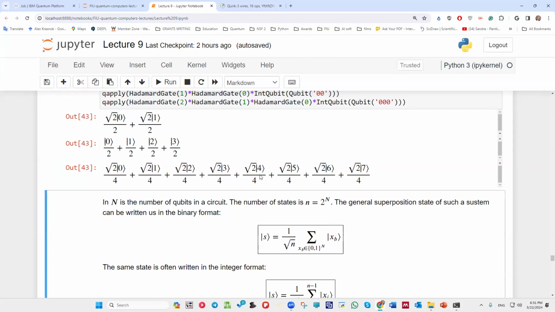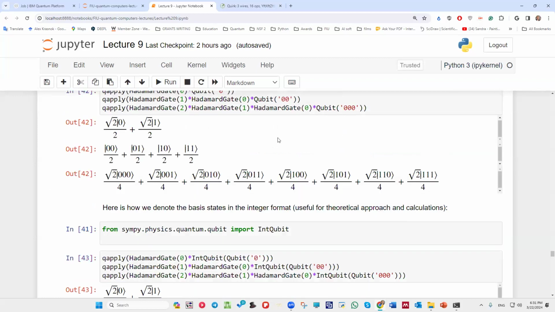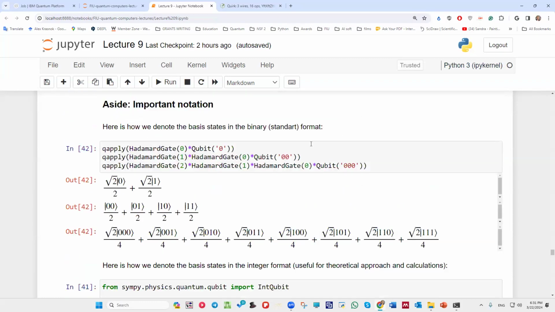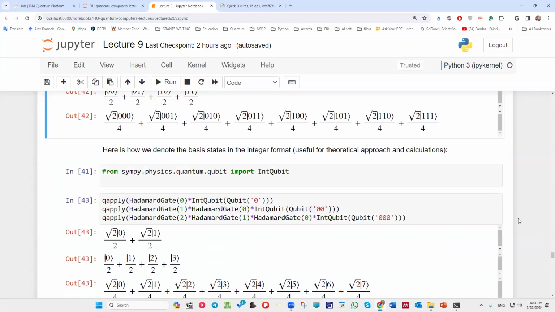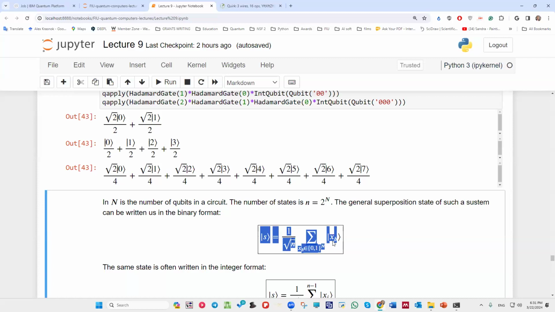The binary format can be written in this form. Here, this vector x, b stands for binary, which means that you write the state using zeros and ones and sum up over all possible combinations of zeros and ones of dimension n.